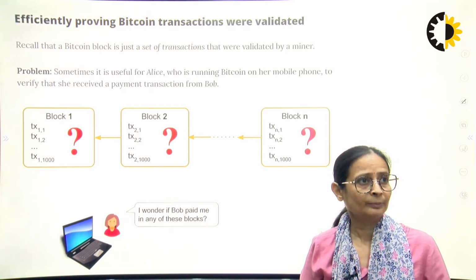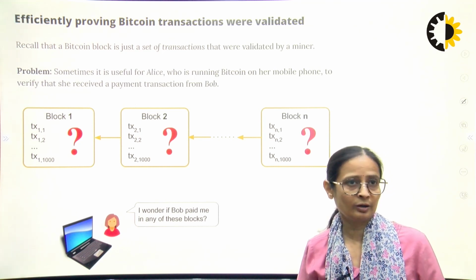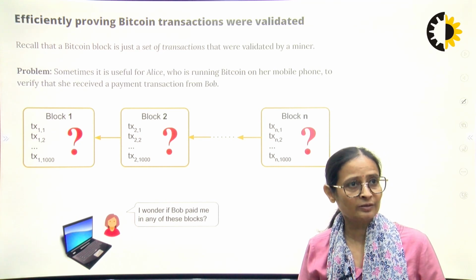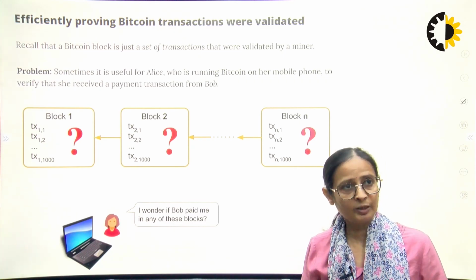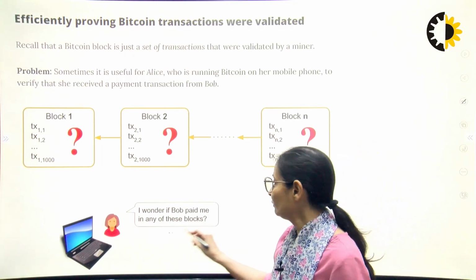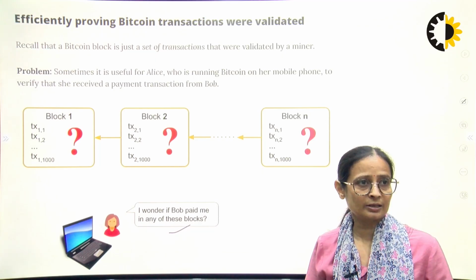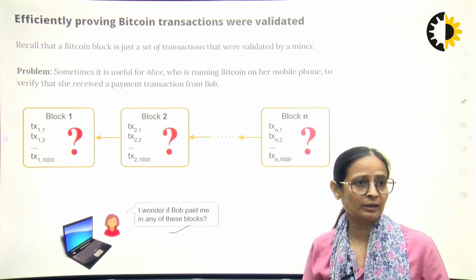So we can use this concept to efficiently prove in Bitcoin transactions that they were the validated ones. Sometimes it is useful for Alice, who is running Bitcoin on her mobile phone, to verify that she has received a payment from Bob. The question is whether Bob has paid me, and if he has done the transaction, in which block my transaction is residing.